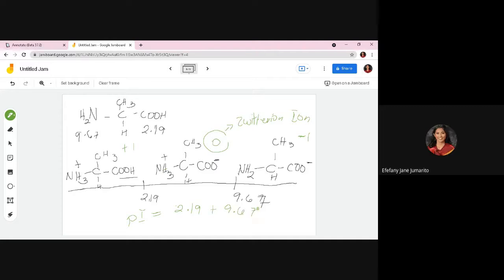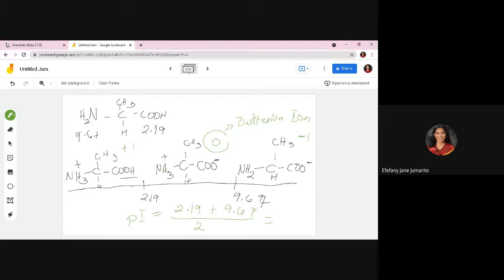We add those because it's an average, so divide by 2.